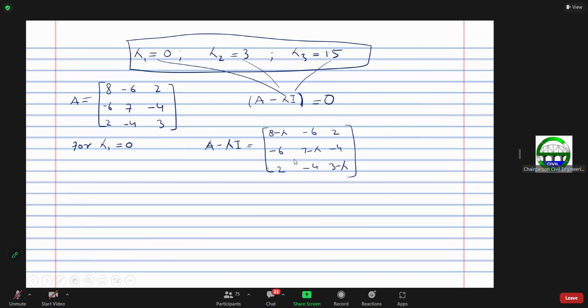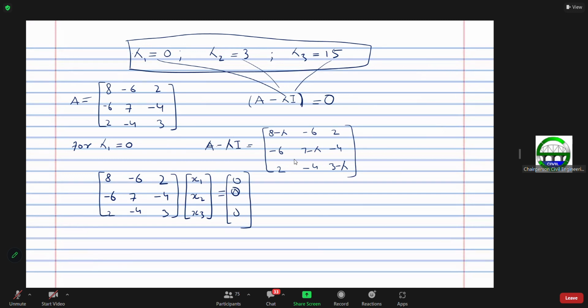We will write the matrix A, with 8, minus 6, 2; minus 6, 7, minus 4; 2, minus 4, and 3, and then we will give the value x1, x2 and x3, because we are going to make the characteristic equation, equal to 0, or we can write it as 0, 0 and 0.